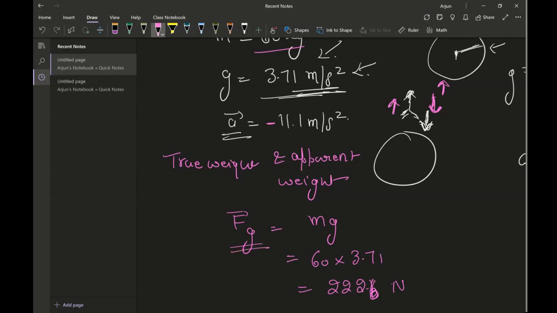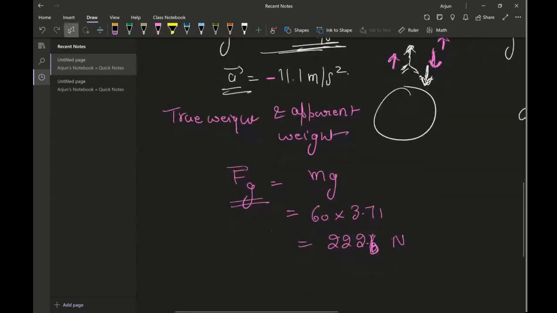The unit of the weight, or the force due to gravity, is newton, and that will be in the downward direction. Whenever we're talking about weight, it means the same as finding the force.